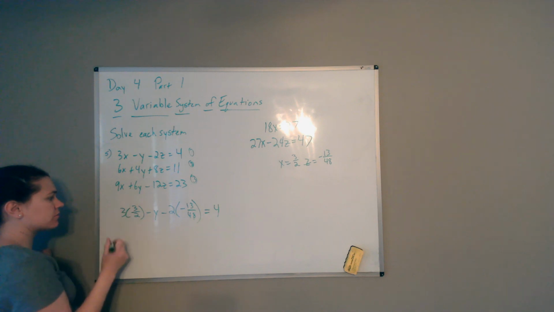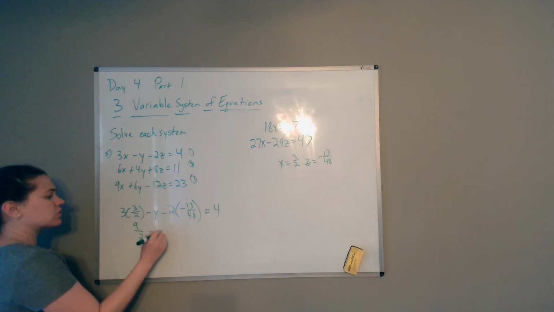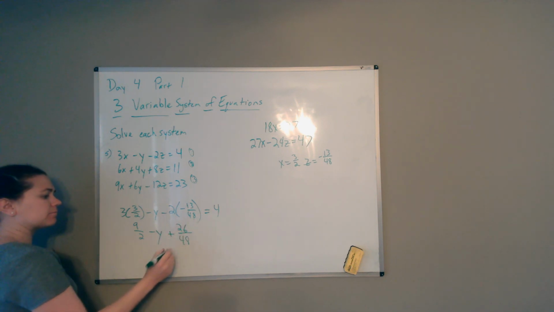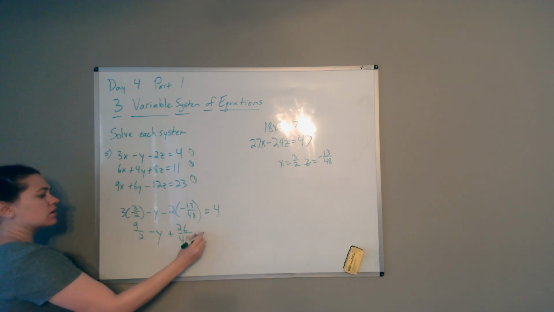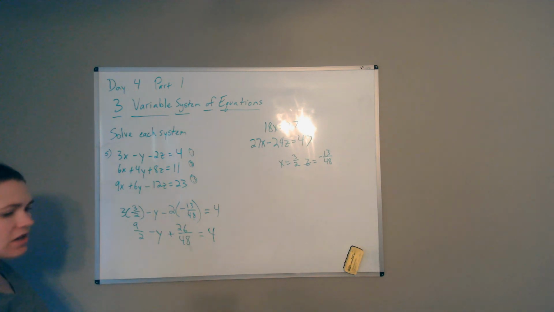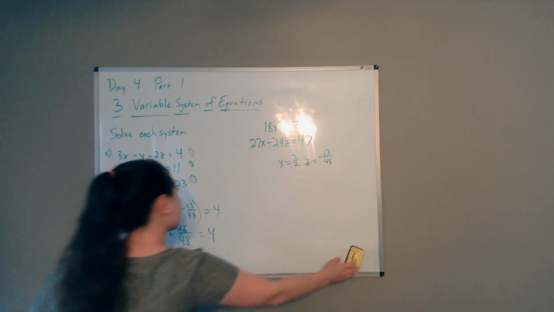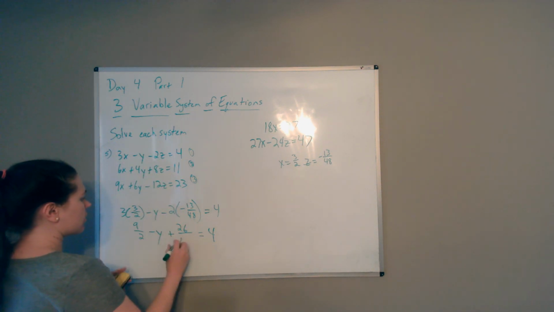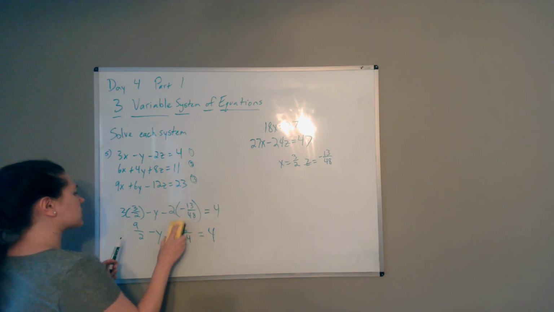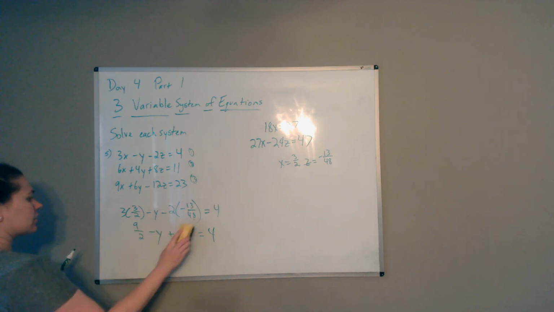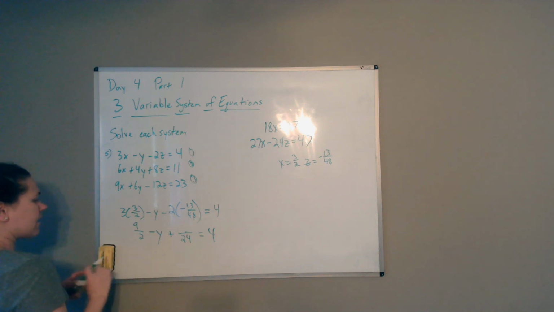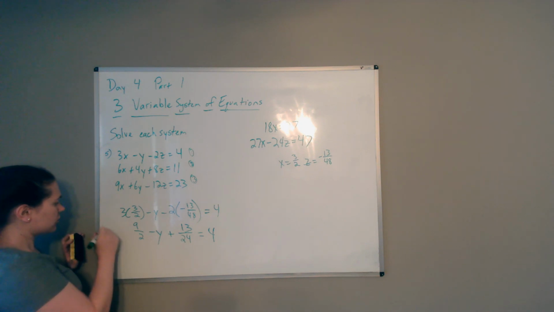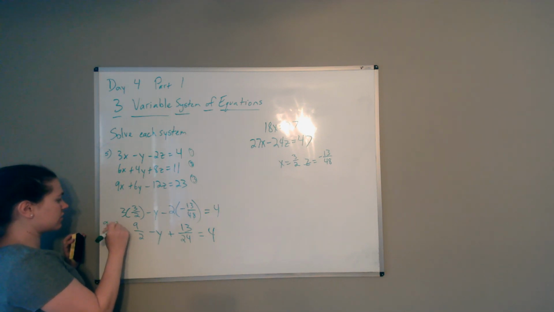So 3 times 3 halves, that's going to give us 9 halves, minus y, that's going to give us plus 26 over 48 equals 4. 26 over 48, I can simplify that down. I can divide it by 2, so that's going to give me 24. And 26 becomes 13. And so I have to do 9 halves plus 13 over 24.